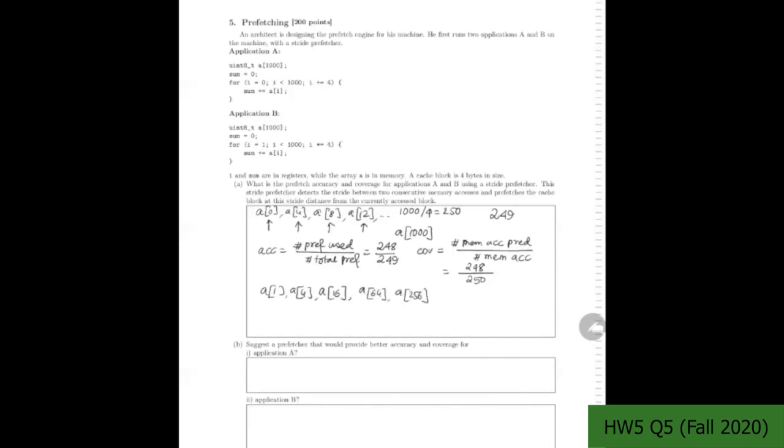So in total, the program would make only 5 memory accesses. But in this case, there won't be a constant stride between these accesses. As a result, the stride prefetcher cannot prefetch any of the cache lines, and the prefetch accuracy as well as coverage will both be 0 for application B. Now let's go to the next question.